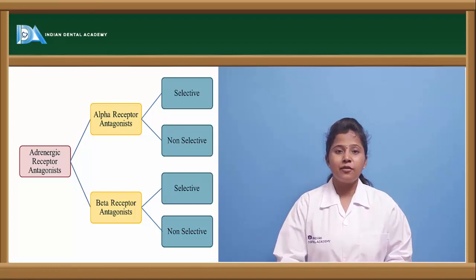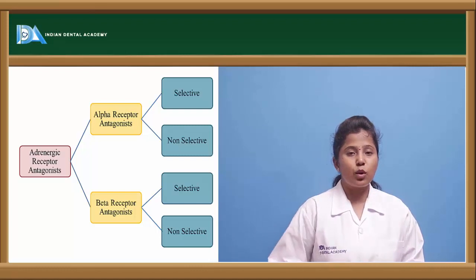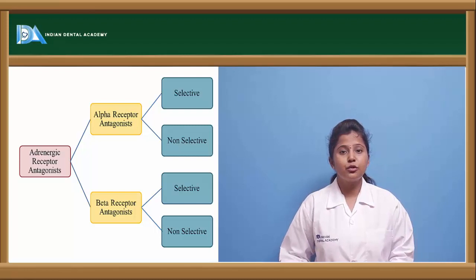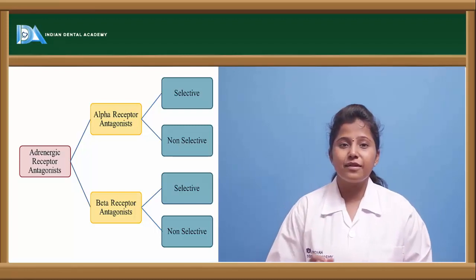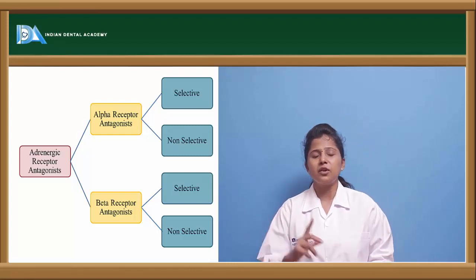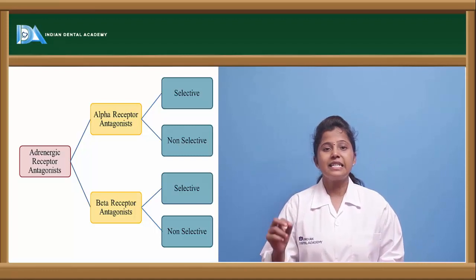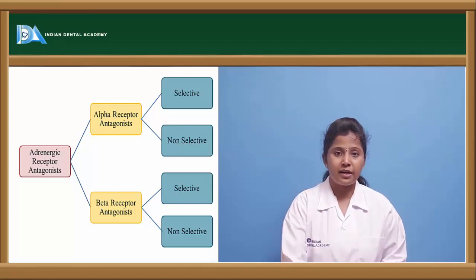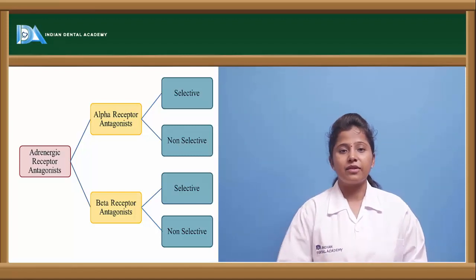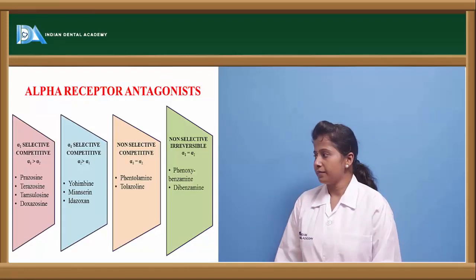We have already discussed that alpha receptors are of three types, 1, 2 and 3, and beta receptors are also of three types, beta 1, 2 and 3. A selective alpha receptor antagonist will bind to only a particular alpha receptor. If a drug is binding to the alpha 1 receptor, it is a selective alpha 1 receptor antagonist. Non-selective drugs bind to all three alpha receptors. The same is applicable to beta receptors also.